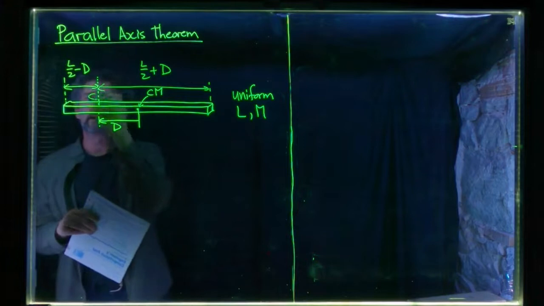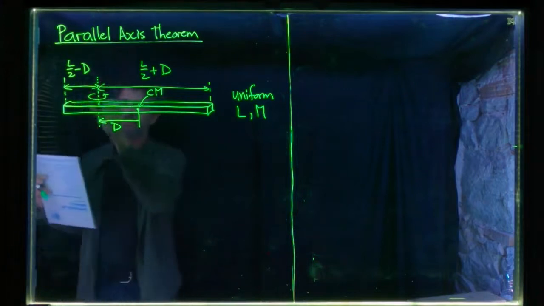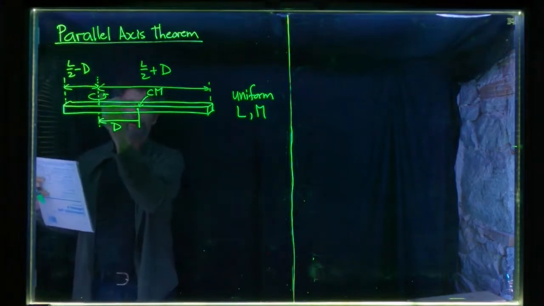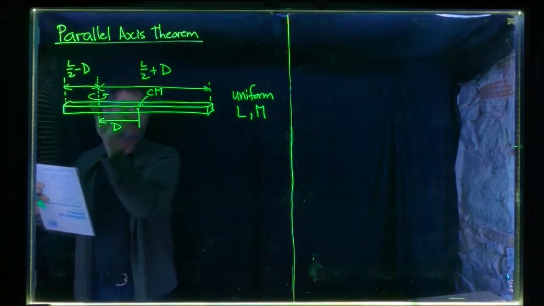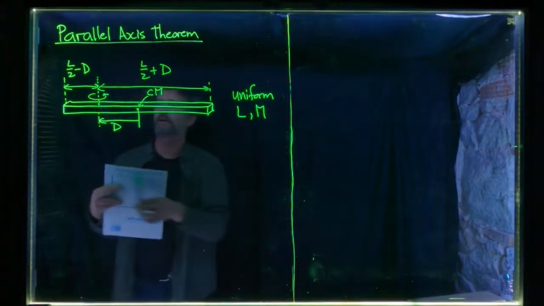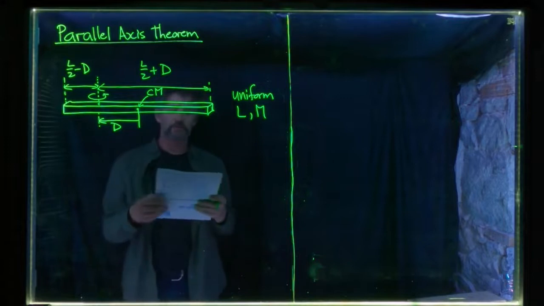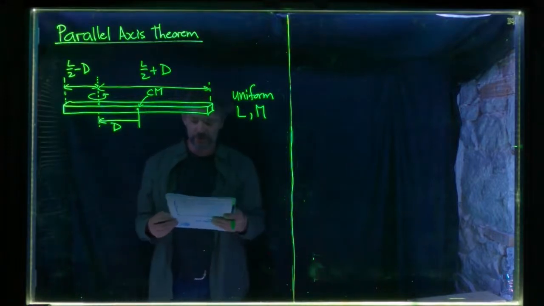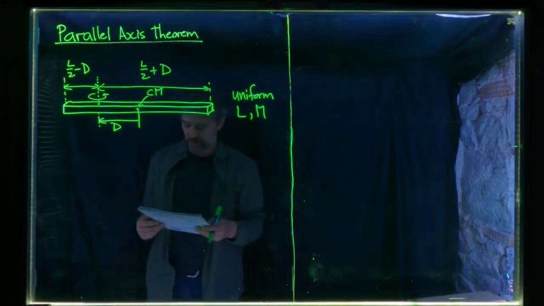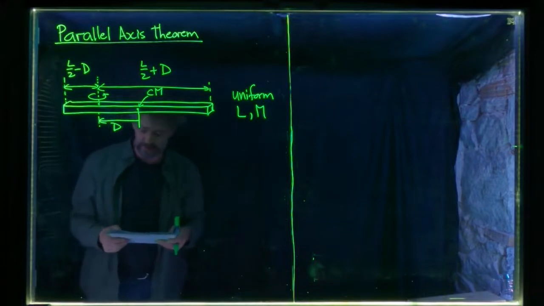Okay, and what else do we need? Now we're going to be grabbing the rod here and twisting this way, applying a torque in that direction, which means a twisting force like that. And we're going to be asking, what is the resistance of that object to changes in its angular velocity for rotation about that axis?